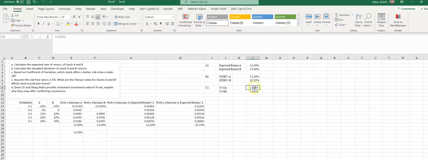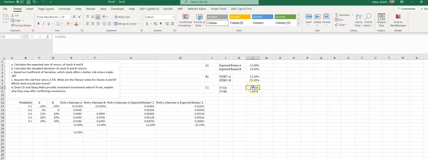What do these tell us? For every unit of return, I take about 1 unit of risk in the case of asset A, but for each unit of return for asset B, I'm taking about 1.4 units of risk. So in terms of risk-return trade-off, obviously A is better because I'm taking less risk to earn the same amount of return.